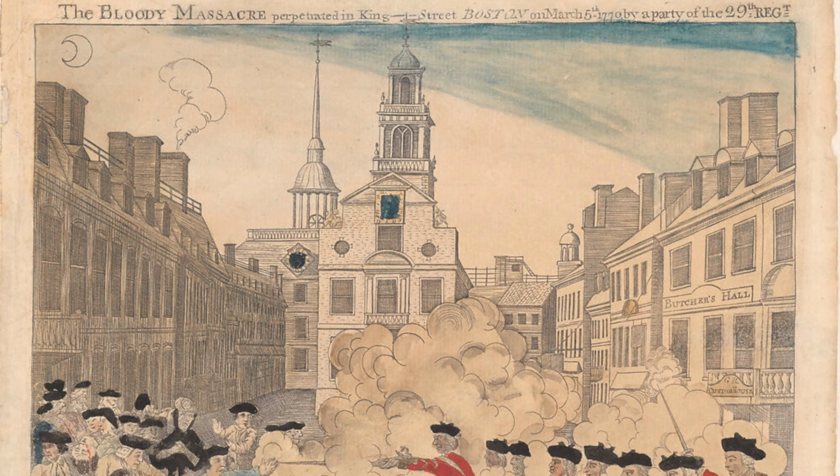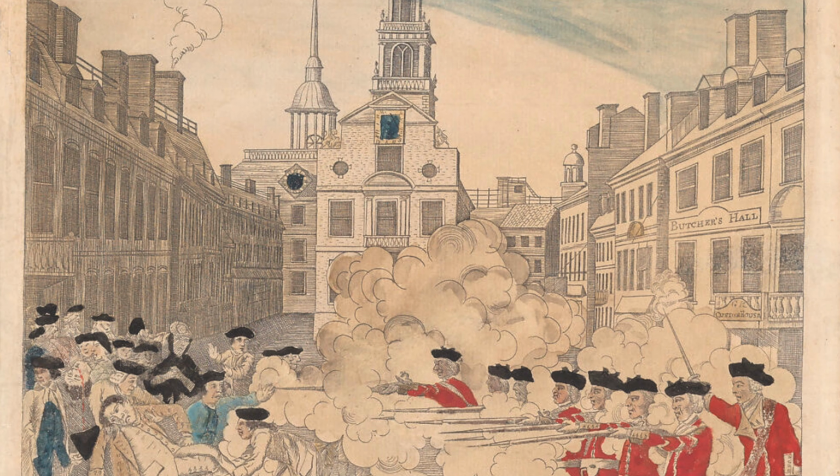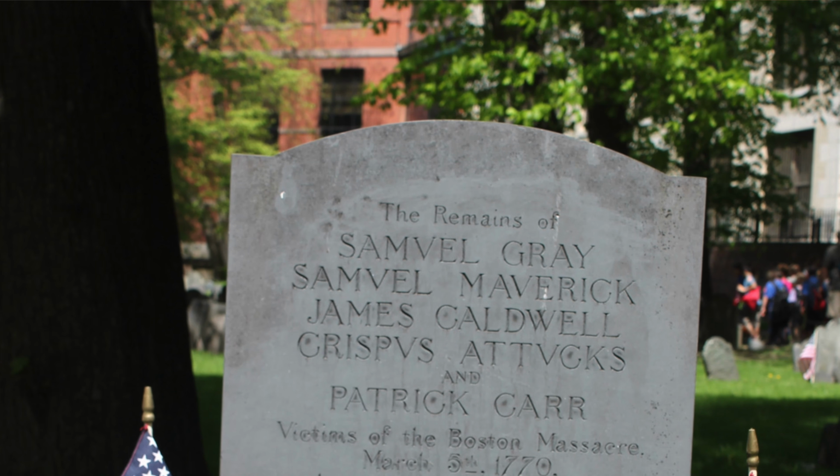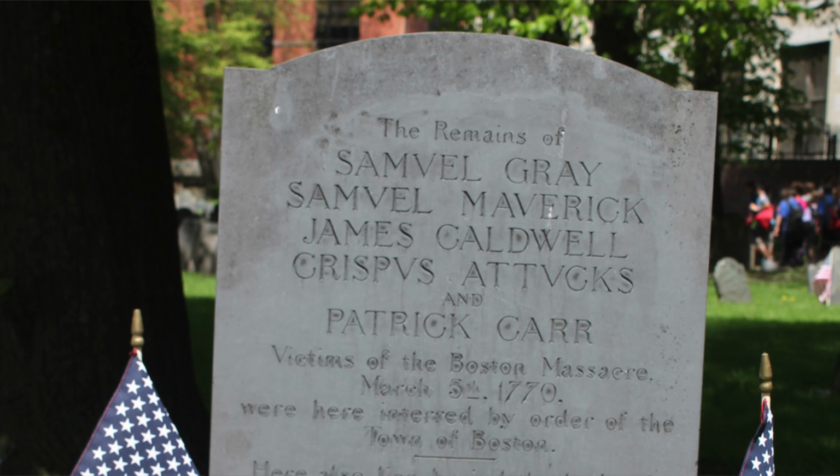Back to March 5th, 1770, the night of the bloody massacre. At about 9:30 p.m. on the night of March 5th, 1770, British troops fired upon a crowd of civilians who had gathered in King Street, Boston. 11 men and boys were shot. 6 of them ultimately died. 3 of them died a little later from their injuries, while the other 3 were killed where they stood.